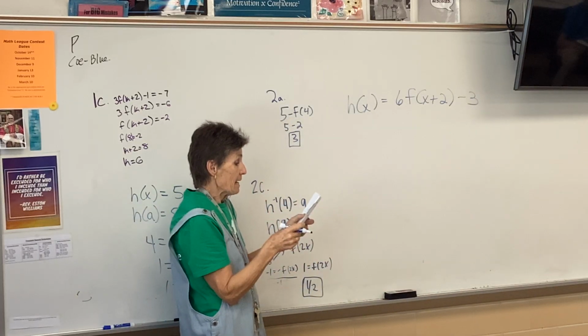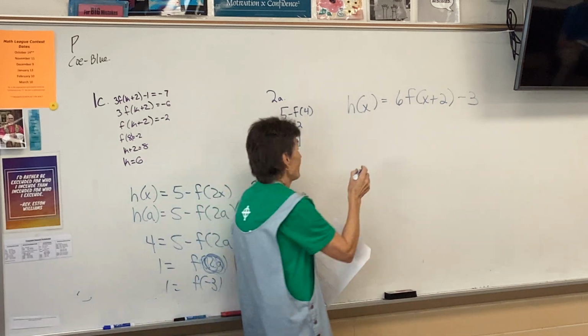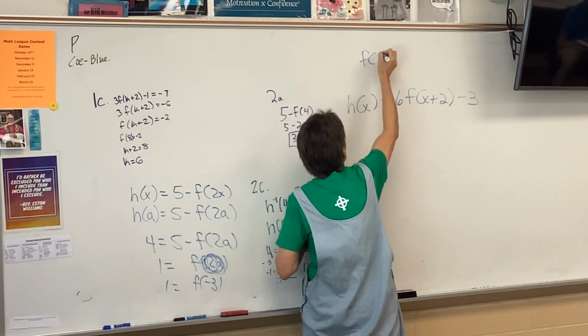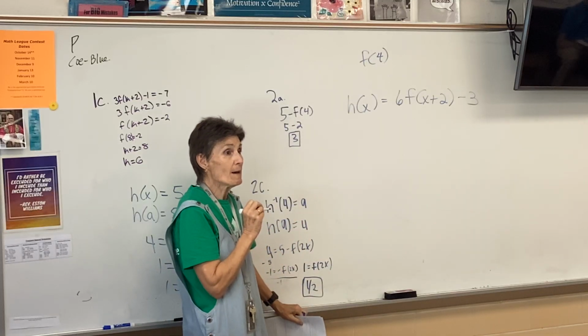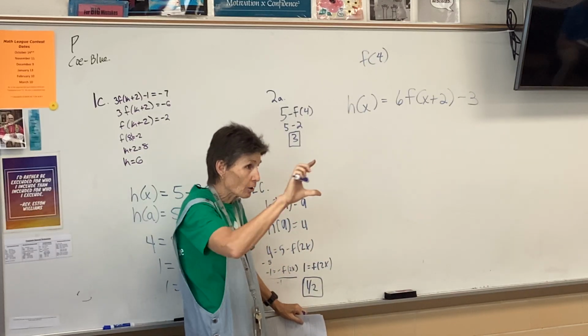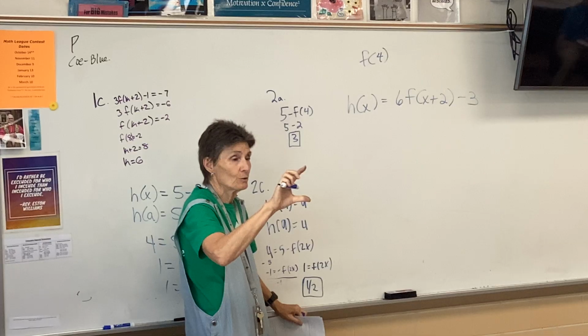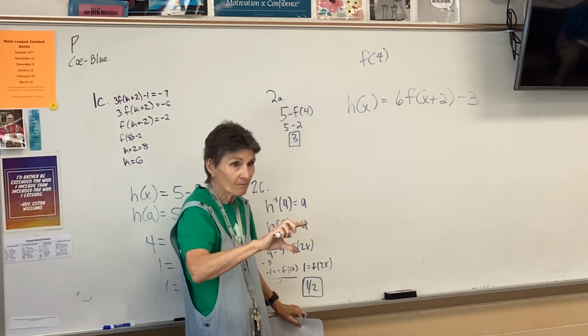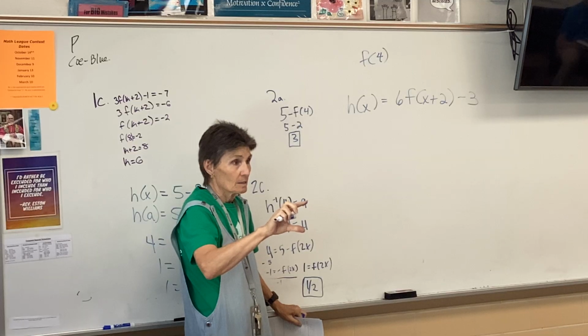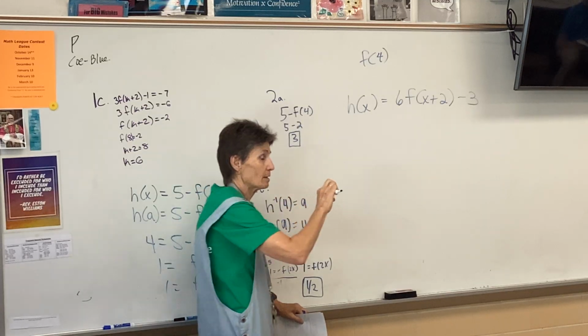Alright? And it says find f of 4. Now remember, your chart of known values is your h function, not your f function. So we're kind of working backwards here.